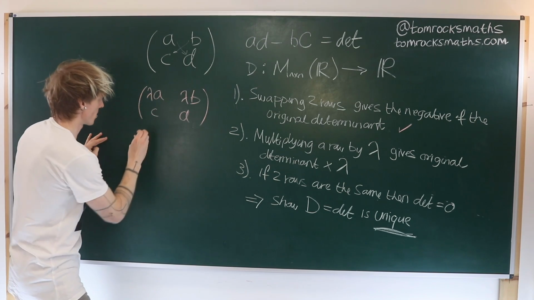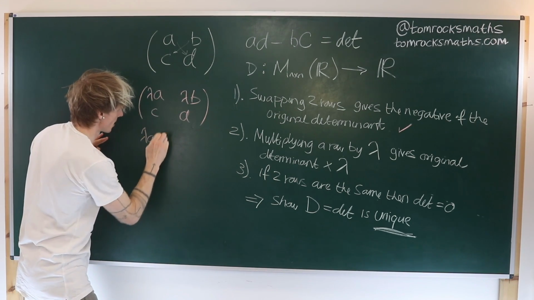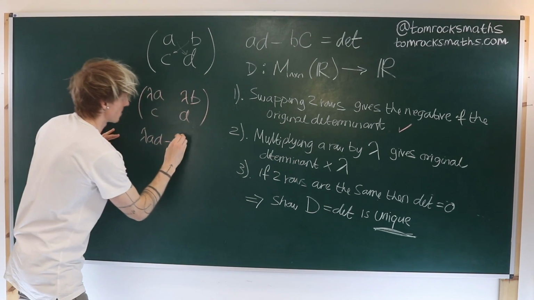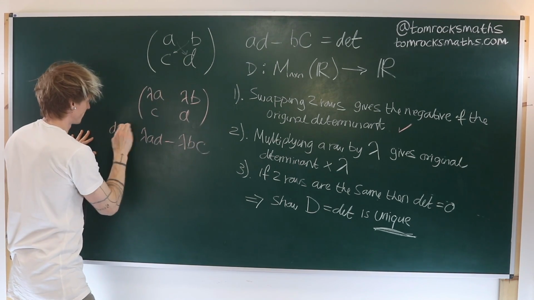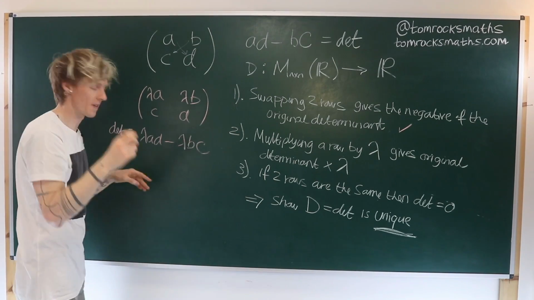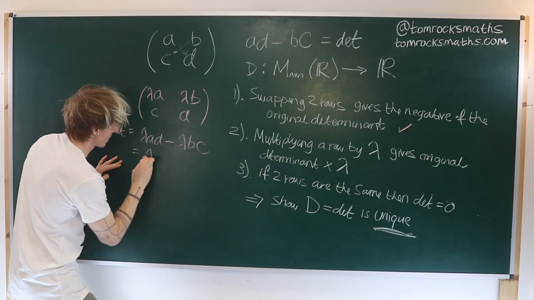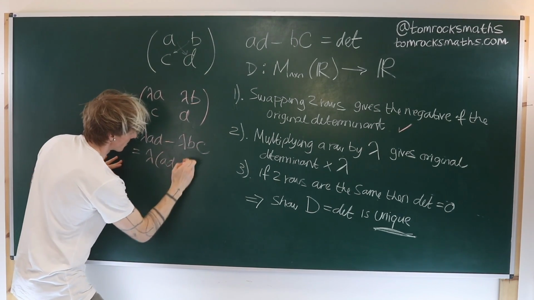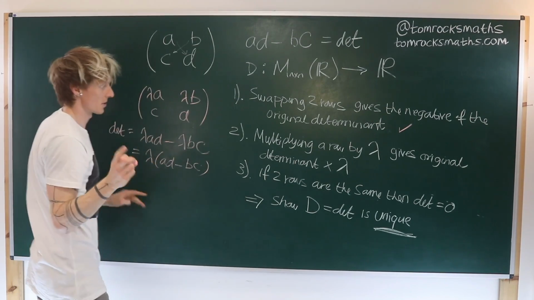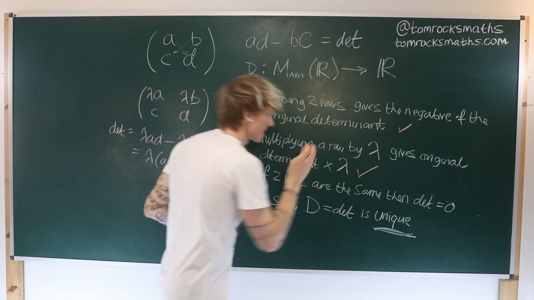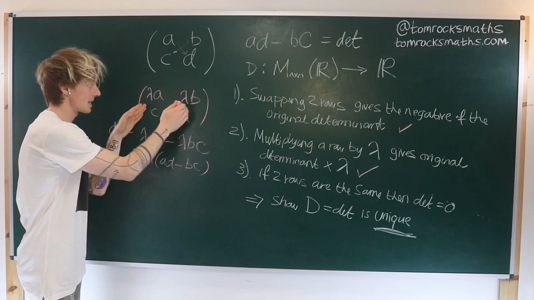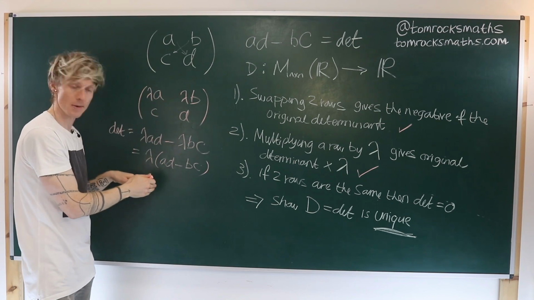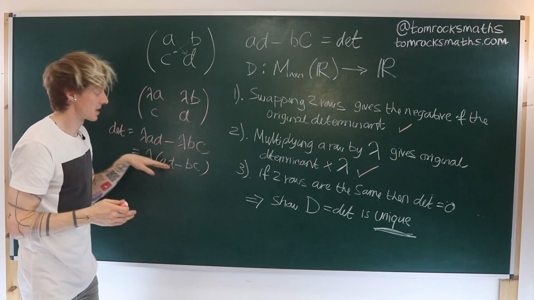Top left times bottom right, that's lambda A D, minus lambda B C. But of course we can factor out that lambda, and it's lambda times AD minus BC. So again, property 2 is satisfied. We multiply a single row in our matrix by lambda, and it multiplies the whole determinant by the same scalar, as we can see here.